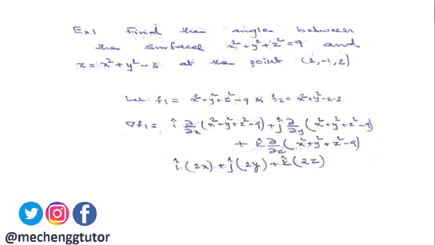Next, j into 2y and k into 2z. So we got del f1.